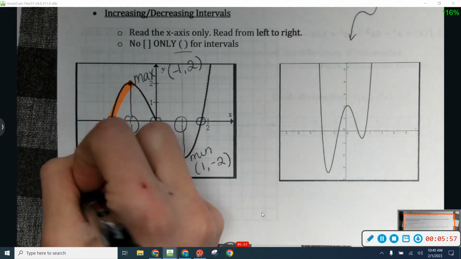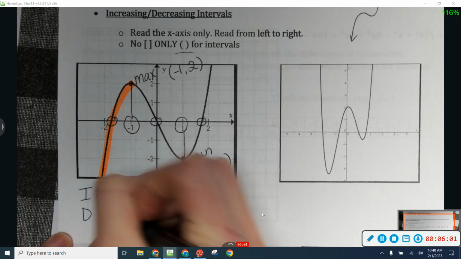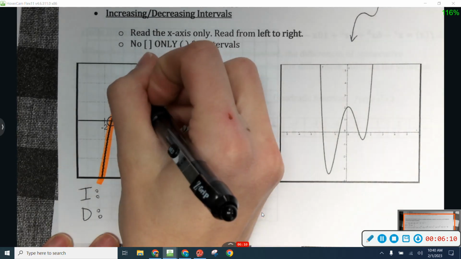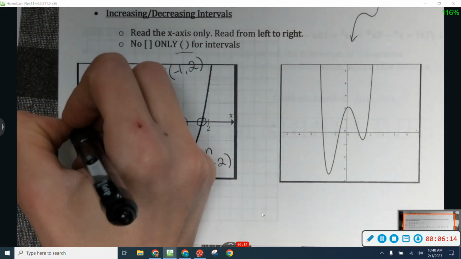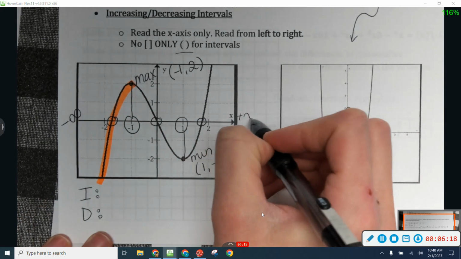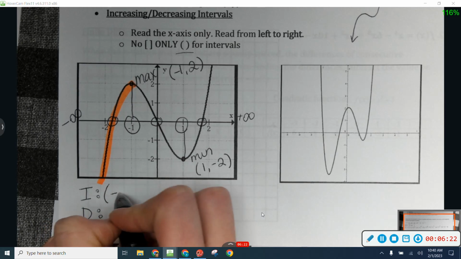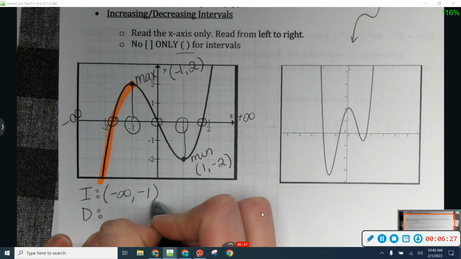So if I were to do an interval on my increasing and decreasing, I'm only including my x values, all the way from the left up until I reach -1, 2, I'm increasing. If I'm thinking on my x-axis, the left is -infinity, the right is +infinity, my interval for increasing would go from -infinity to that x value of -1.